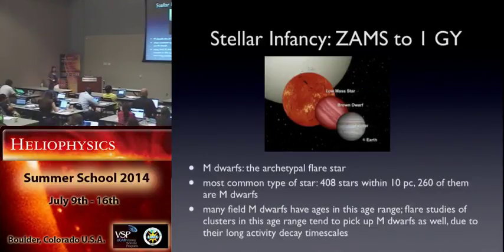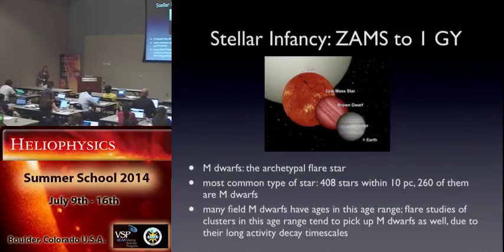So I said this before, these M dwarfs, they're the archetypal flare star. It's the most common type of star. And many field M dwarfs have ages in this fairly broad range.